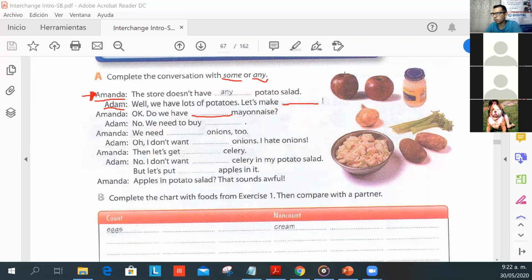We have lots of potato. Let's make any. Okay, remember, we use some with affirmative sentences and any with question or negative. So what will be the correct answer?